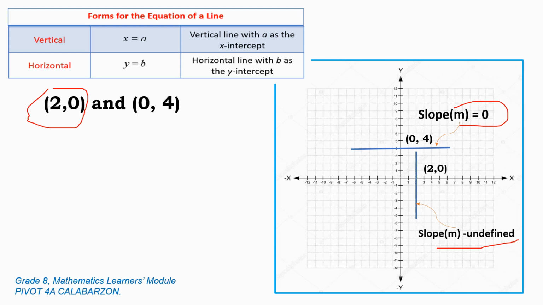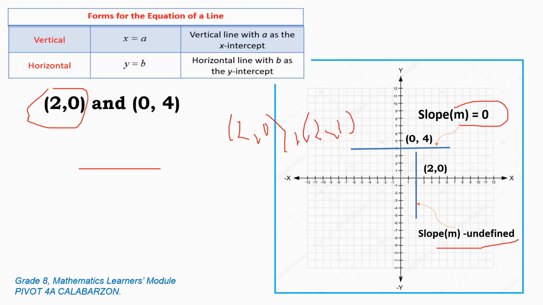So makita mo na. If you have another point, 2, 0. Okay, then 2, 0, then 2, 1. Okay, imagine that. 2, 0, then 2, 1. So imagine that.